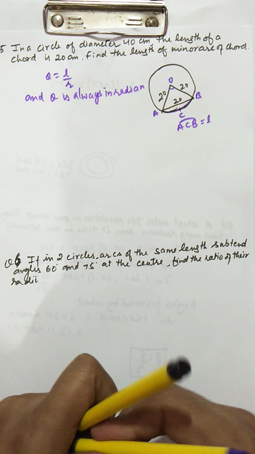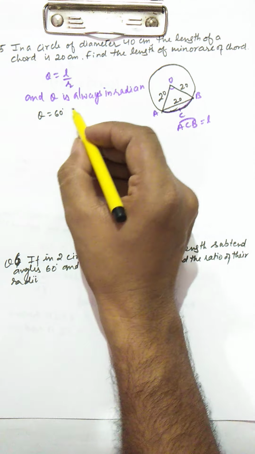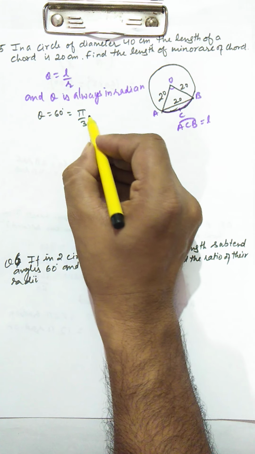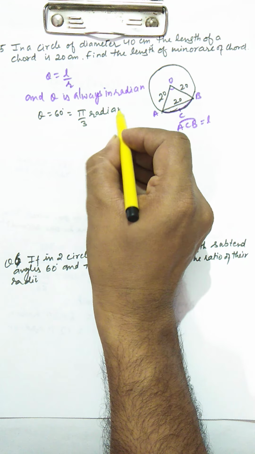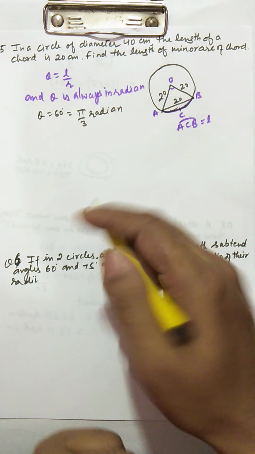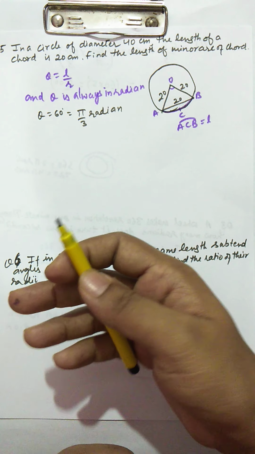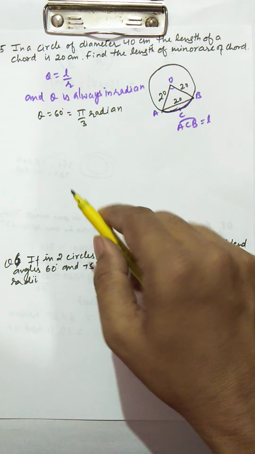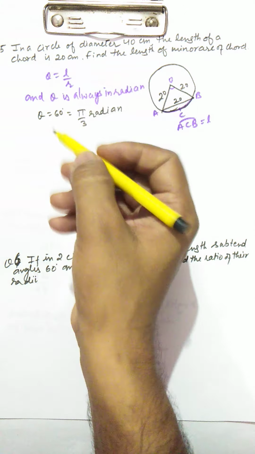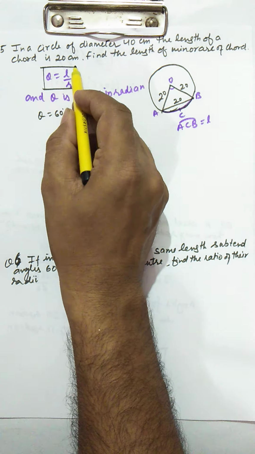Here the theta is actually 60 degrees, and 60 degrees you can write in terms of pi as pi by 3 radian. In the coming questions we will not say radian, we'll simply use pi by 3. So it's now understood that when we write pi by 3, it means radian.